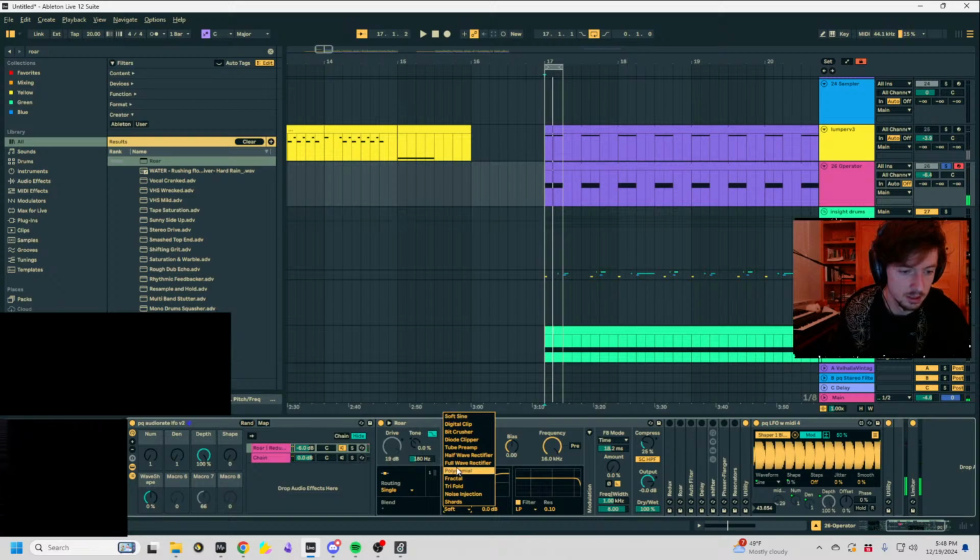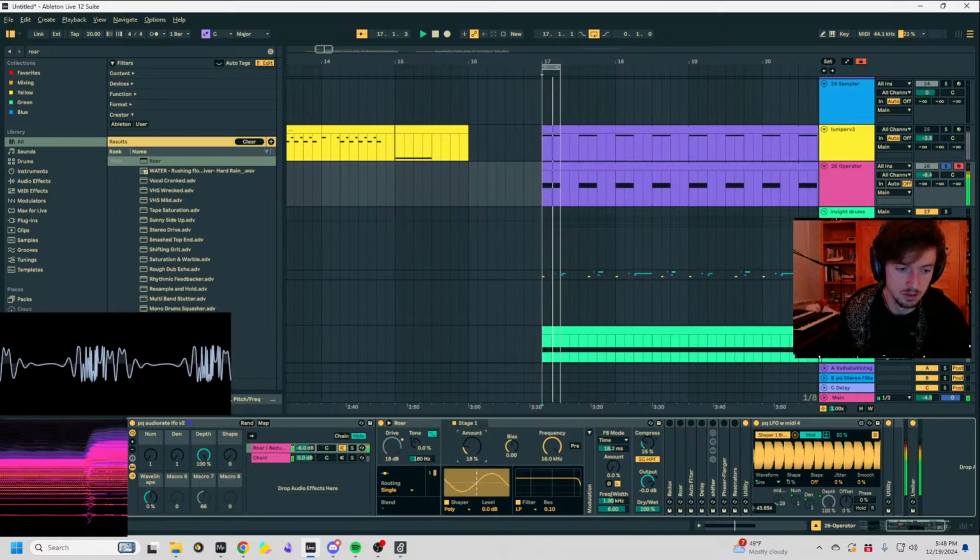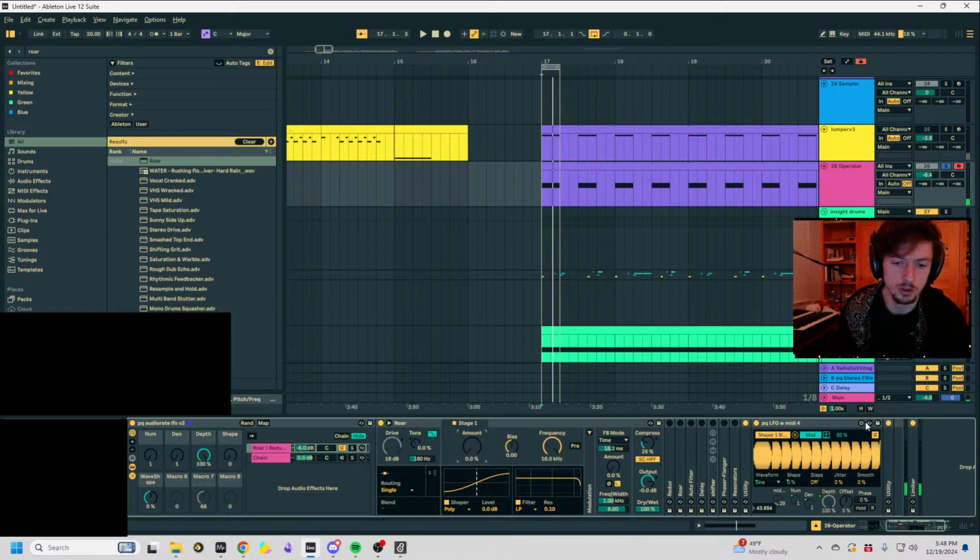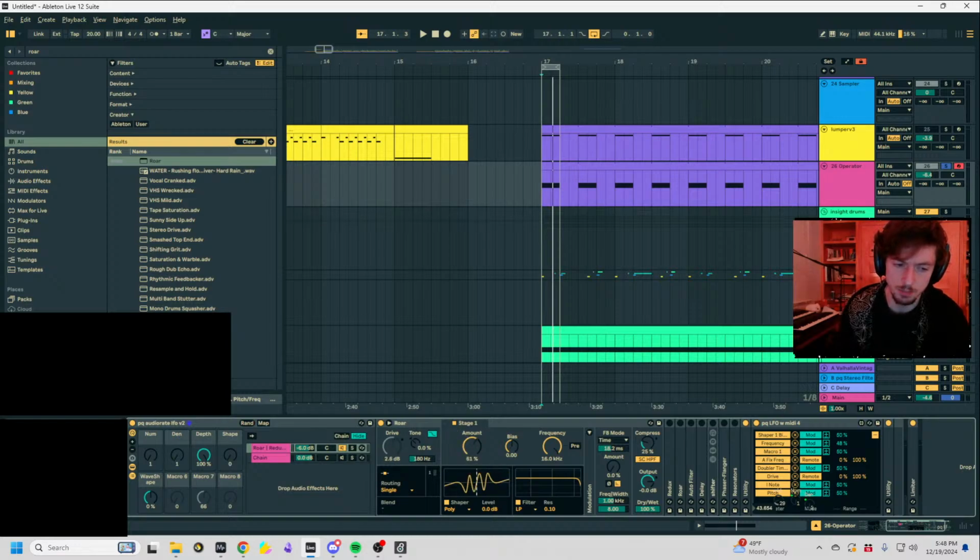Okay, oh, there's an amount also. We need to try it on a bunch of stuff. Amount directly changes what the shape is of the saturation curve. Drive is just a volume beforehand. Okay.